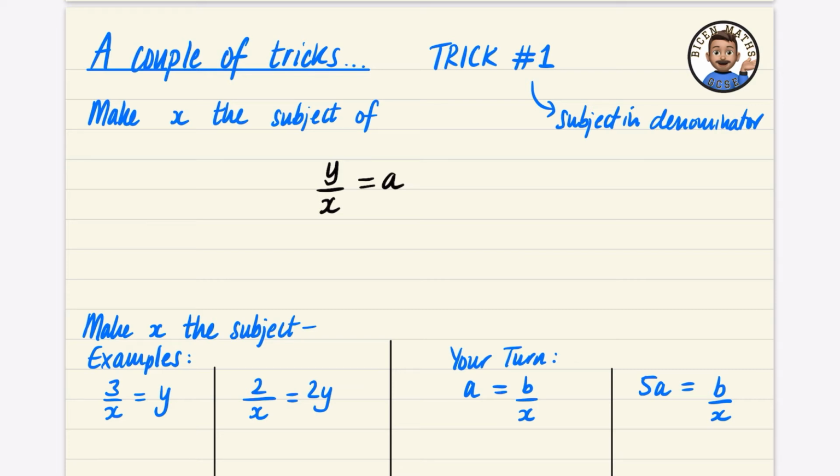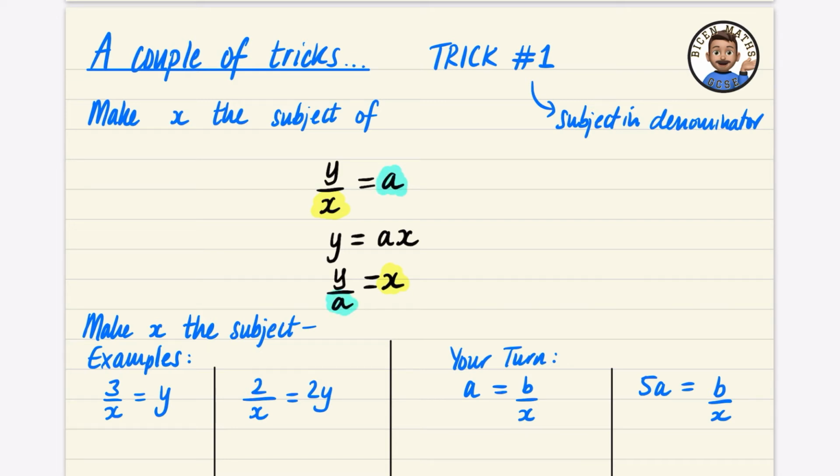Now if I multiply by x to get rid of it, I get y equals ax. And now because I want x as the subject, I'm going to get rid of this a by dividing by a, so that I get y divided by a equals x. Now look what's happened. The x was down here and is now up here. The a was up here and is now down here.